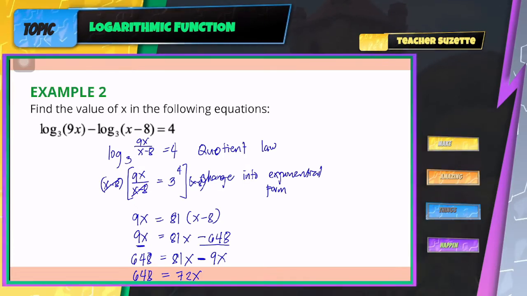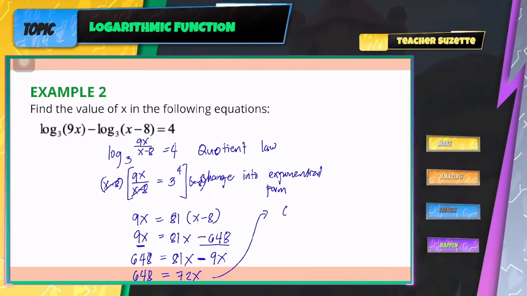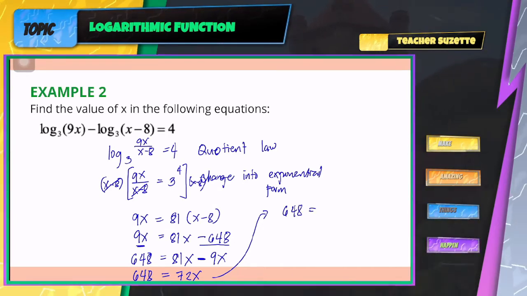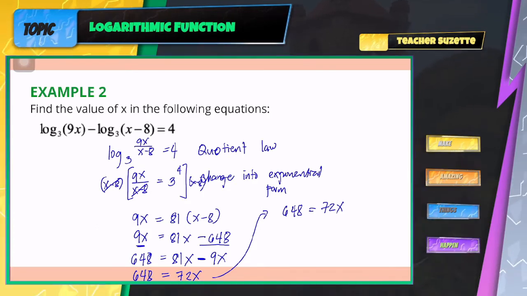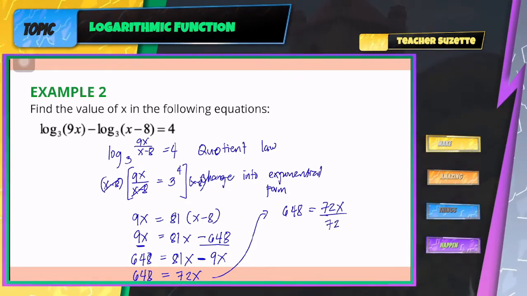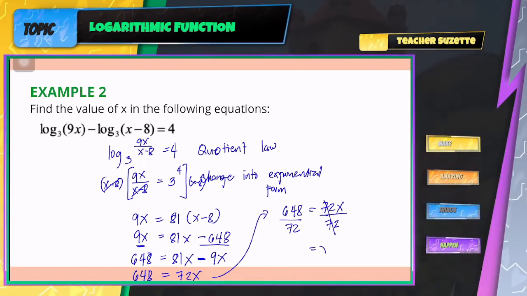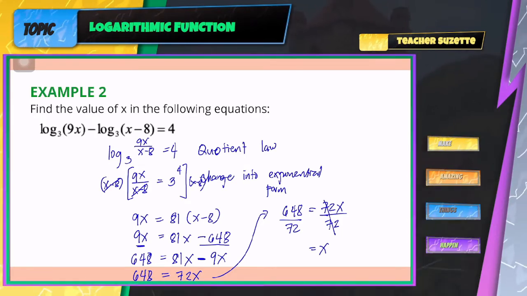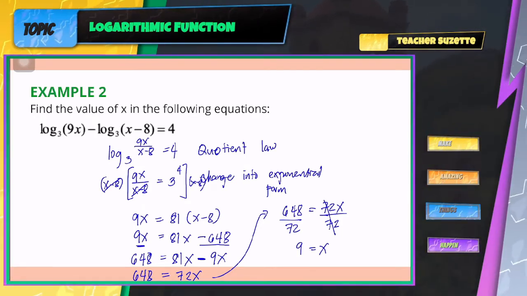So, simplify lang natin. Cancel out natin yung 72 by dividing both sides by 72. So, you will have here na lang x, and 648 divided by 72 is equal to 9.